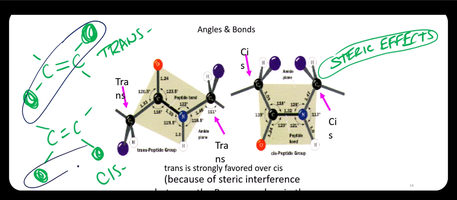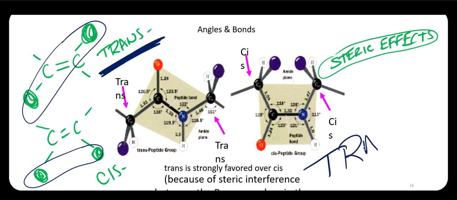Cis configuration is kind of on top of itself. So most of the time, including in amino acids, the trans configuration is going to be favored over the cis configuration. So most of the world is going to be in the trans configuration, including amino acids.